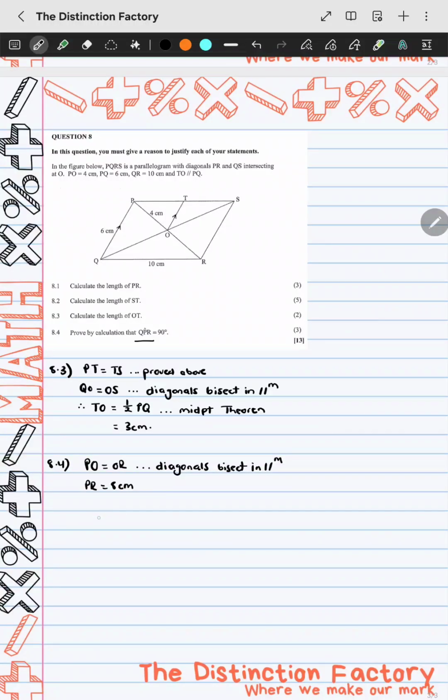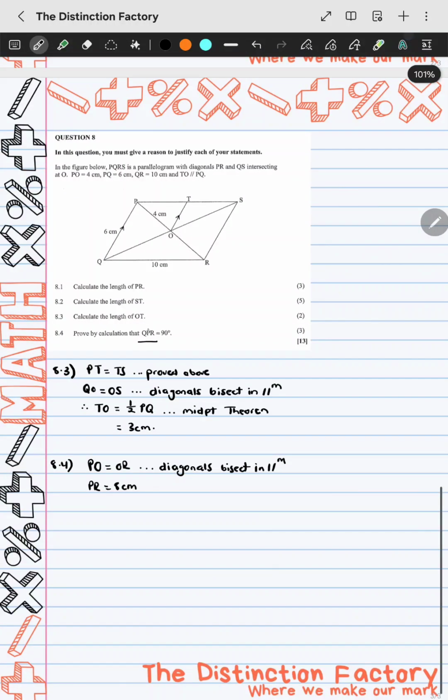So we are going to say that PR squared plus QP squared should equal QR squared.